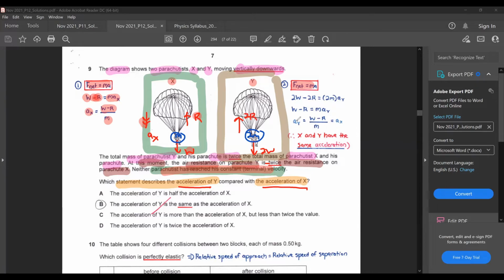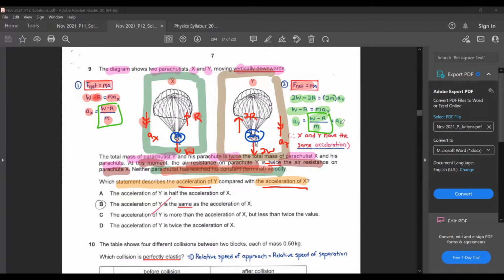Then you assume that your acceleration downwards is AY. Applying F net equals ma, it will be 2W minus 2R equals 2M AY. So eventually W minus R equals M AY. Rearranging, AY is W minus R over M. Notice that this expression is the same as this expression. So AY is actually the same as AX.